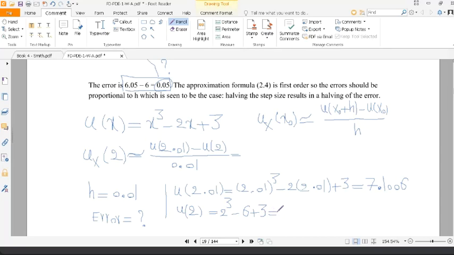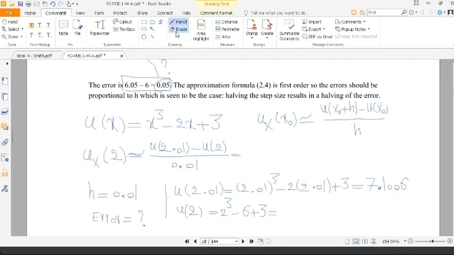Please compute u of 2.01 again. Excuse me, it's not 7, it's 5.